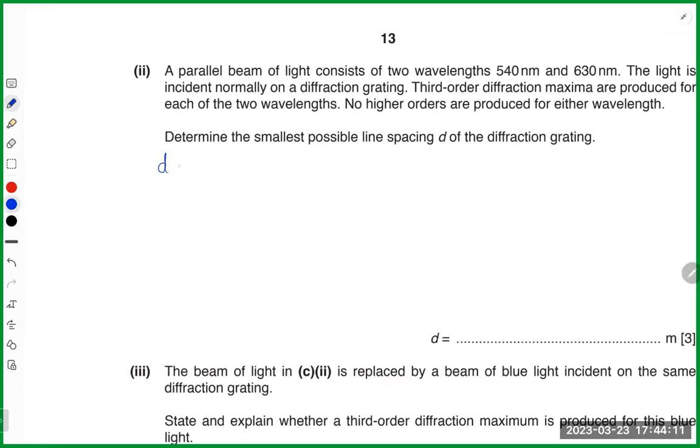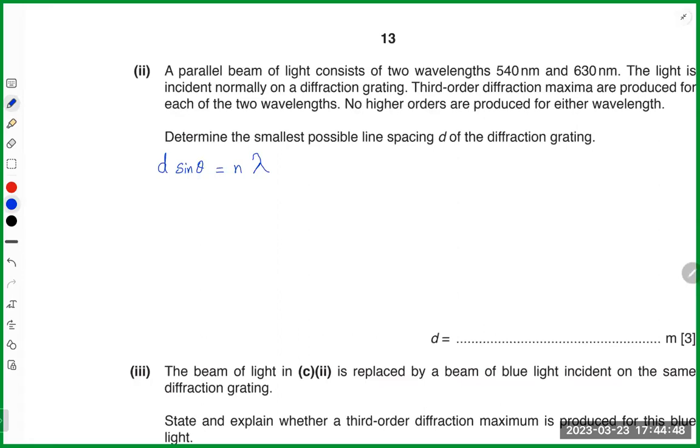d sin theta equals n lambda. So if there is the same d, with sin theta, bigger wavelength will be producing bigger angles.